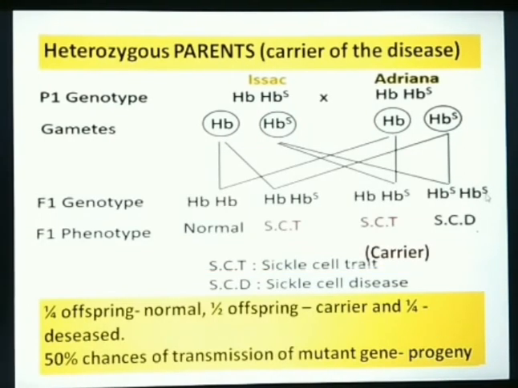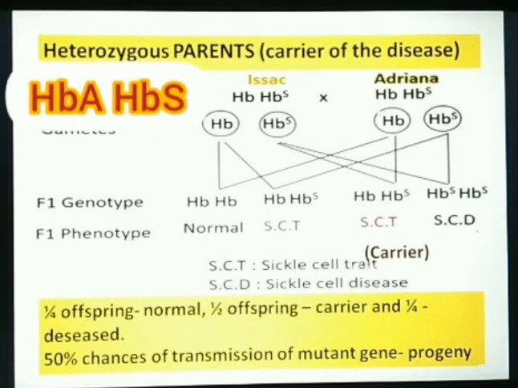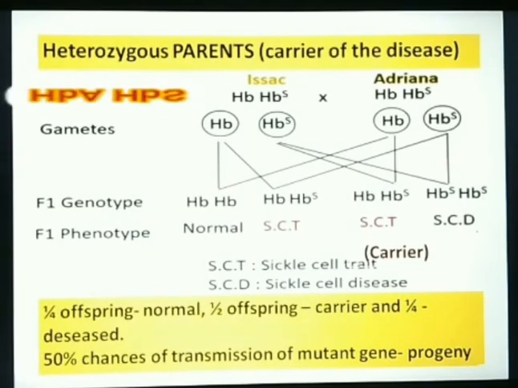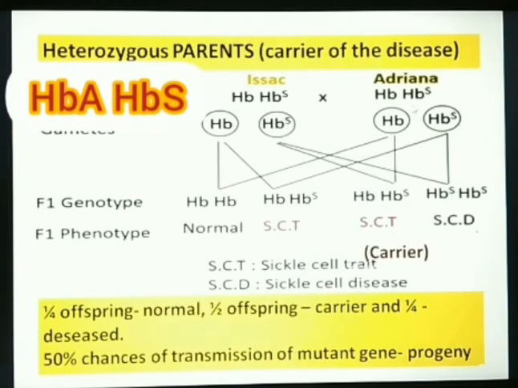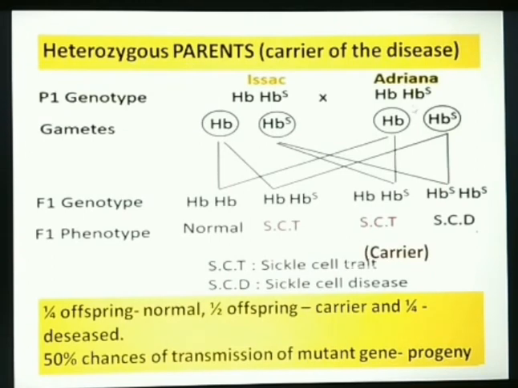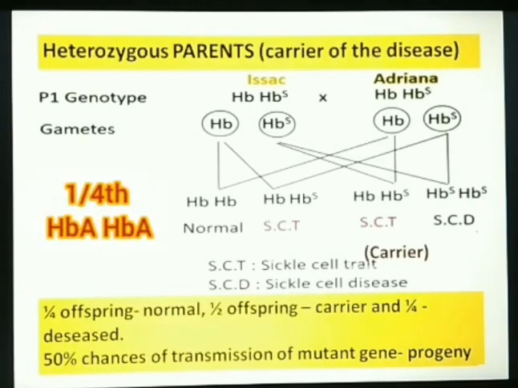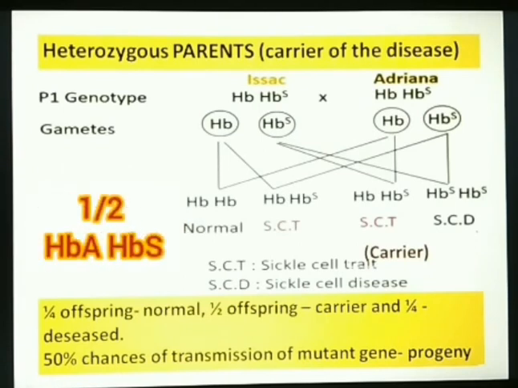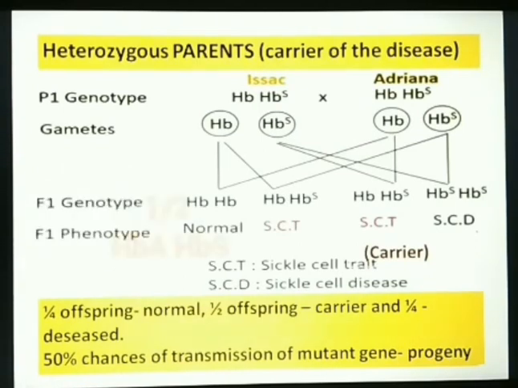When a cross is made between two heterozygous parents, who are carriers of the disease and are normal individuals, we see that 1/4 of the offspring are normal. Half of the offspring will again be carriers of the disease.